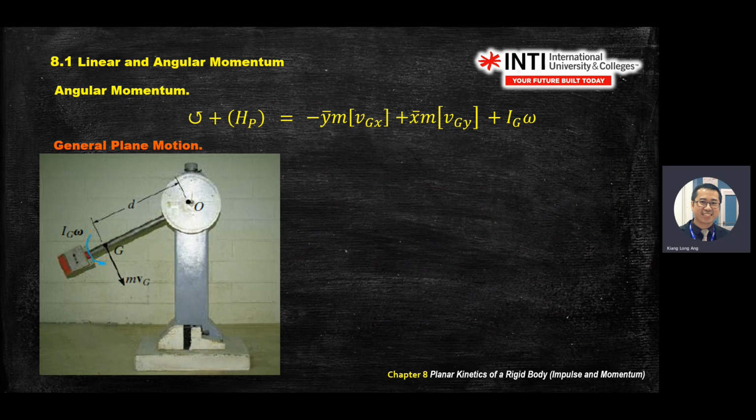There's a pin here that cannot move. So if you have this problem, you need to calculate where the center of mass is in the object. Usually it will be given. So you focus on the center of mass, and then you calculate the momentum.